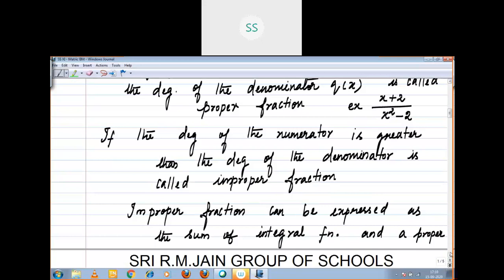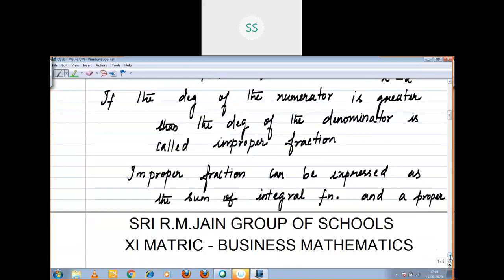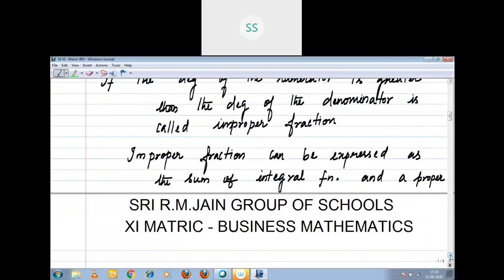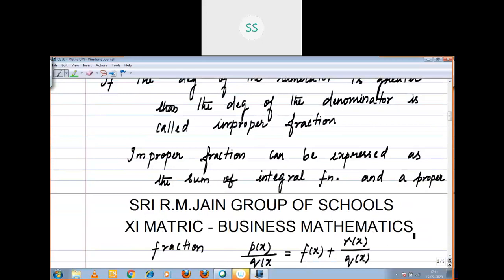I will write and show you how it is. See, for example, p of x divided by q of x, that is an improper fraction. The integral function, the whole number, is represented by f of x, plus r of x divided by q of x.